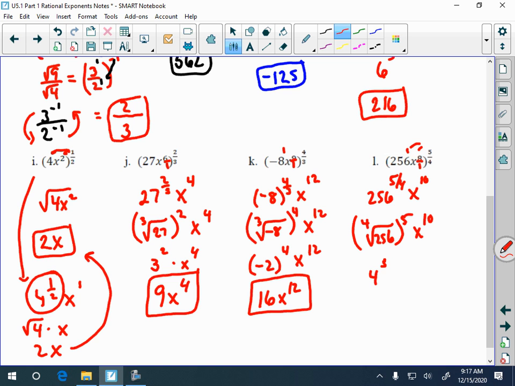So we have 4 to the 5th power, x to the 10. And now we have to do 4 to the 5th power. So it's 1024, x to the 10. So that's how you simplify with fractional exponents.